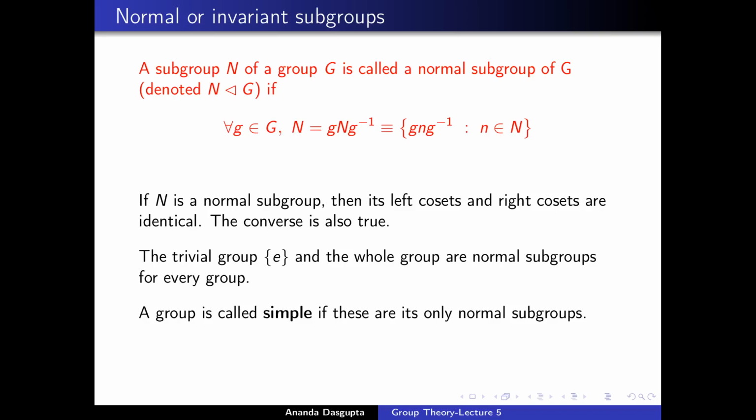But for the time being, this is an important definition. A simple group is one whose only normal subgroups are the two trivial normal subgroups: the trivial subgroup with the identity alone and the whole group.